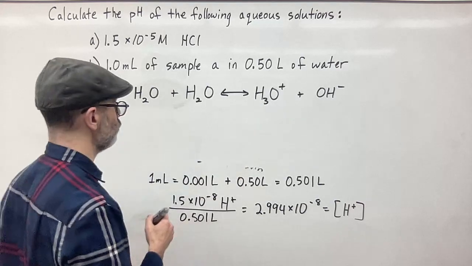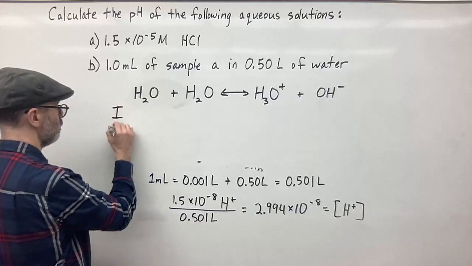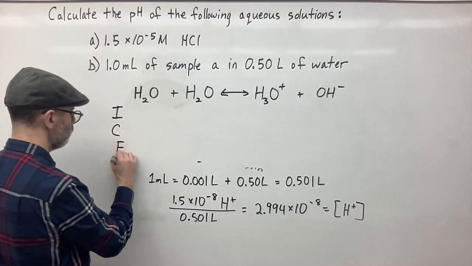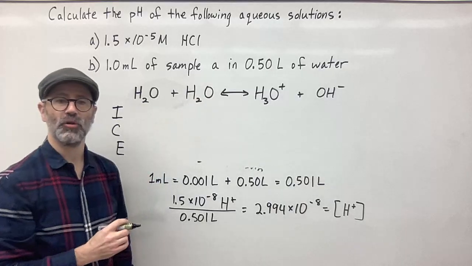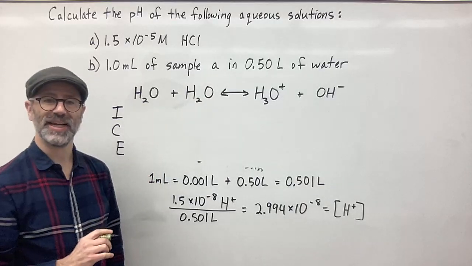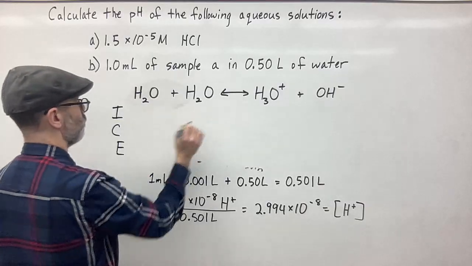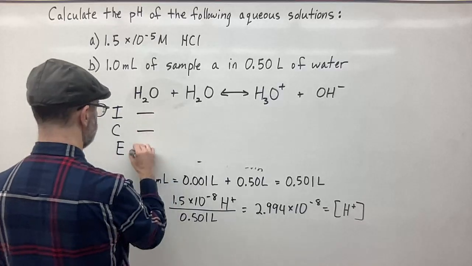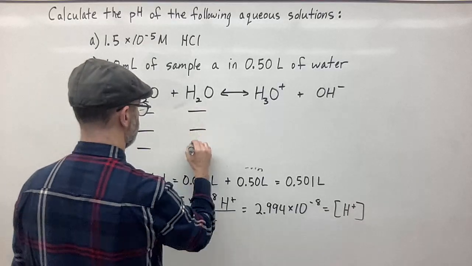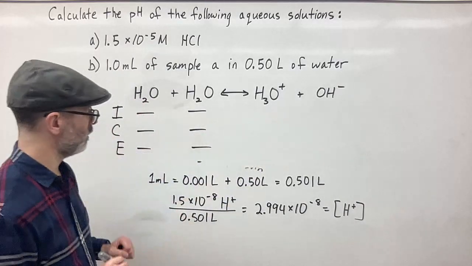And so if we do an ICE table, remember, water is a liquid, so liquids don't participate in the ICE table. We ignore that. So we're not going to do anything with these, and we're going to look at just this right here.